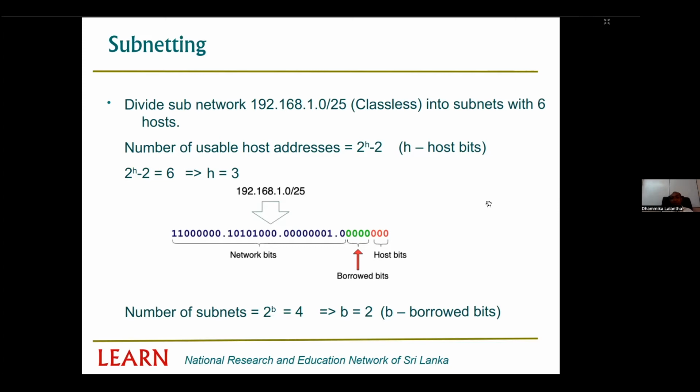There is a minus 2 in this formula, which means we are removing 2 addresses from the usable host addresses, because the first address, the network address, and the last address, the broadcast address, which we discussed earlier, can't be assigned to host or network interfaces.